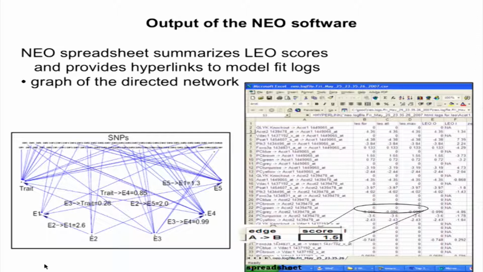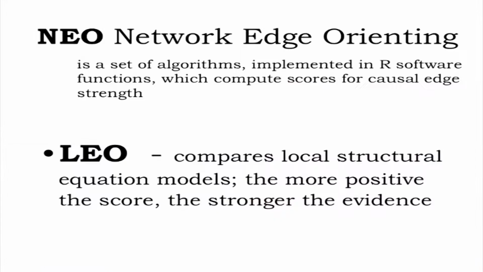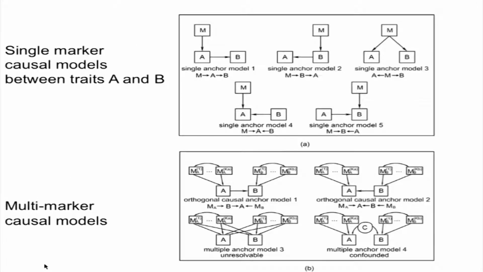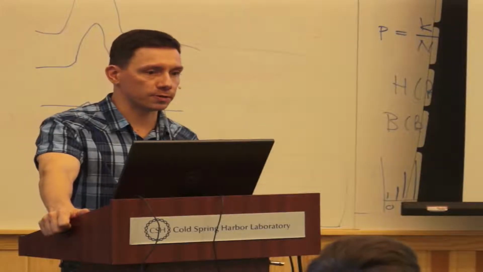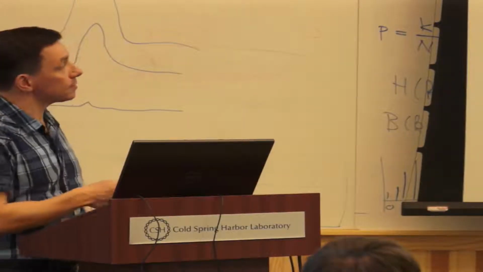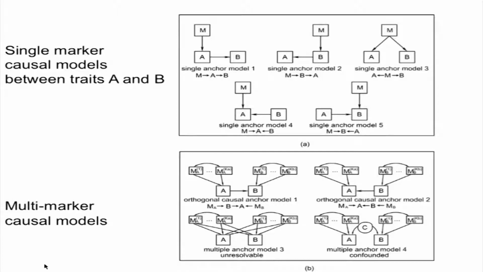The way these Leo scores are calculated is by using so-called structural equation models. What are these? I hope many of you know multivariate regression, just linear regression models. But statisticians have developed a generalization of regression models, and these models are called structural equation models.